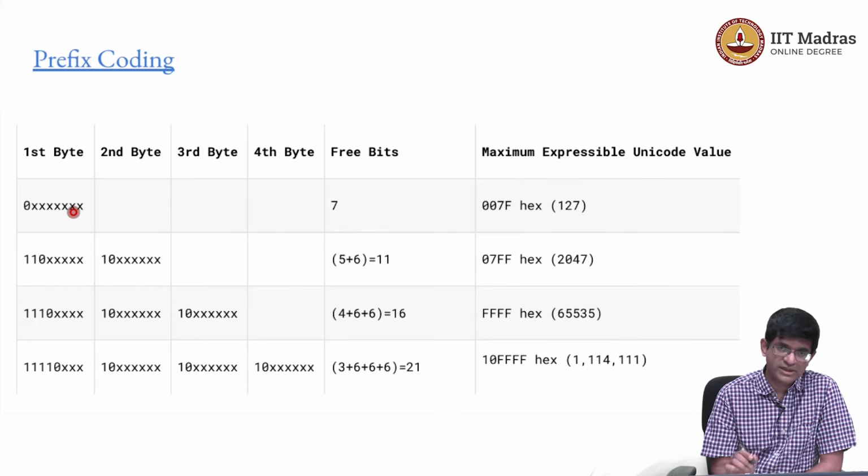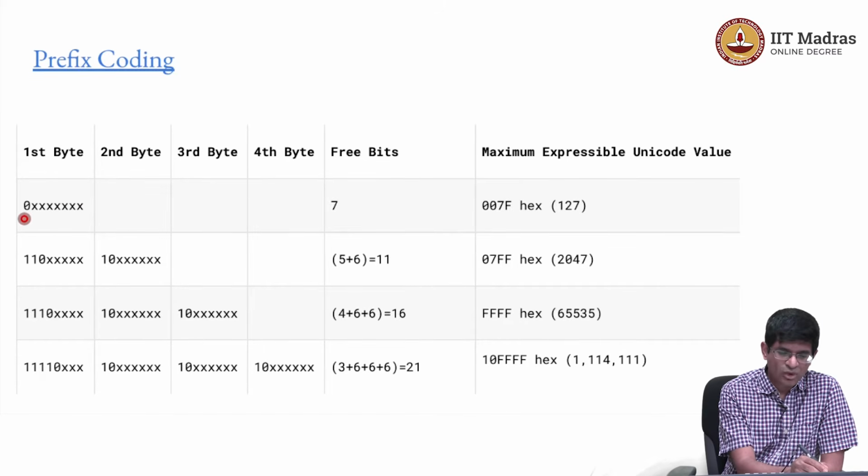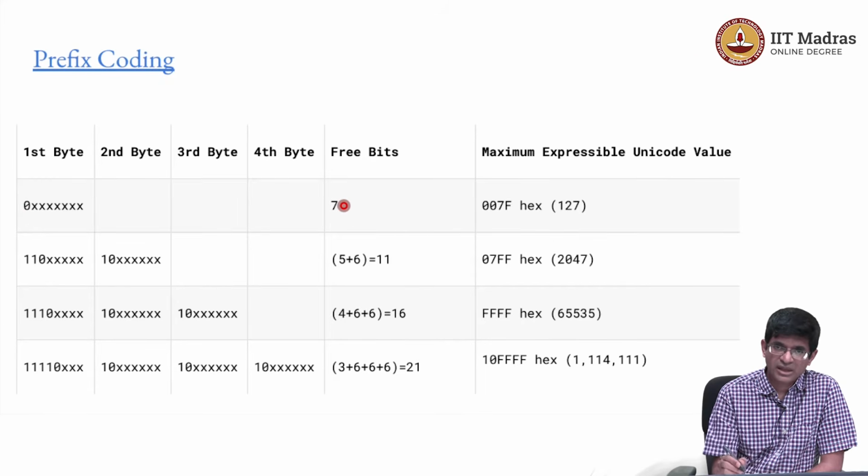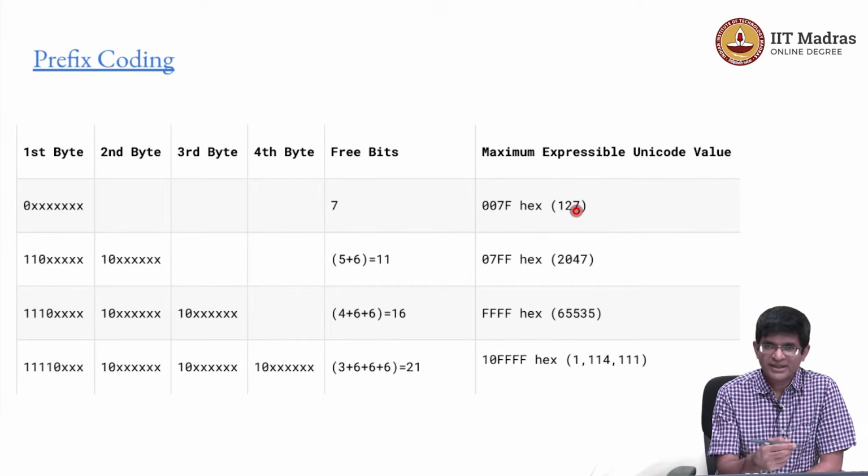So you go back to the original 7-bit ASCII interface. What this means is that if the very first bit is a 0, you have 7 free bits to encode 128 characters, and up to 7F, that is 127, can be represented. All 0 is treated as a special case, it's the null byte, okay?